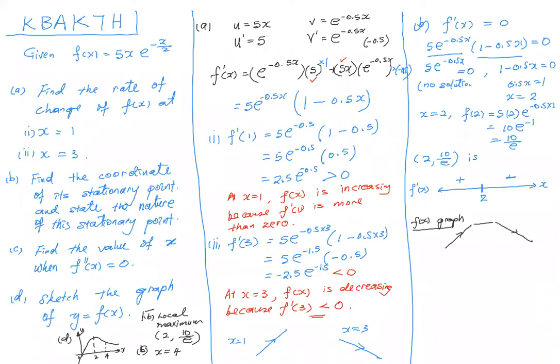So what do you call this point? Local maximum. Yes, it's a local maximum. So this skill you must remember. Okay, is it a global maximum also? Afterward we see, okay? It's a local maximum. So you have to prove. Okay, so can we move to part C? Any issue on that? Can we move to part C?